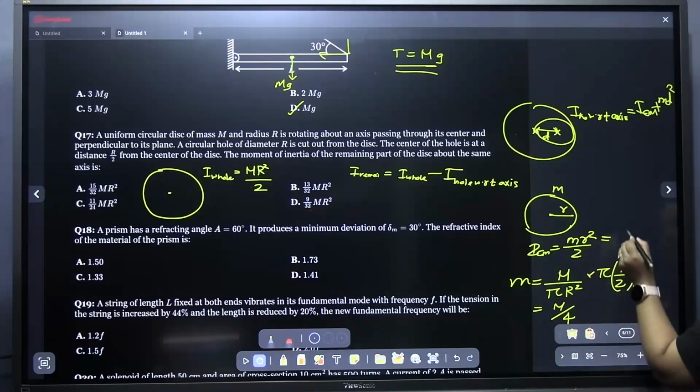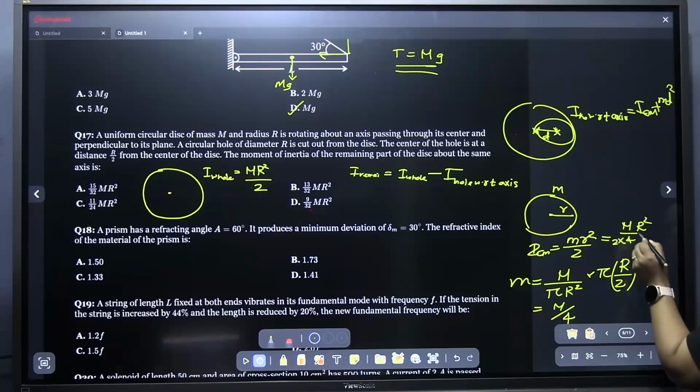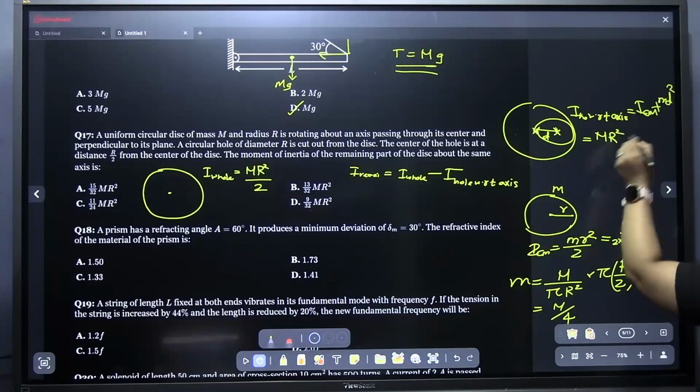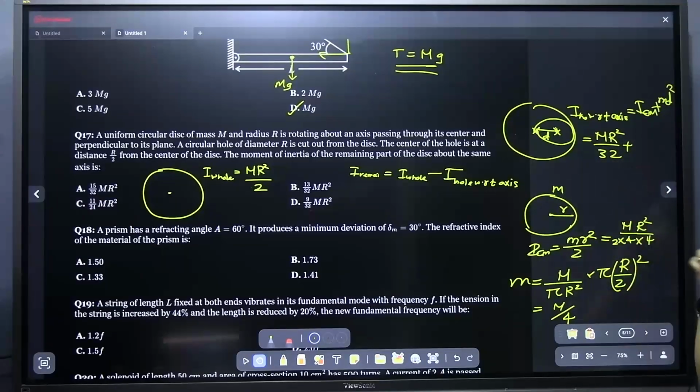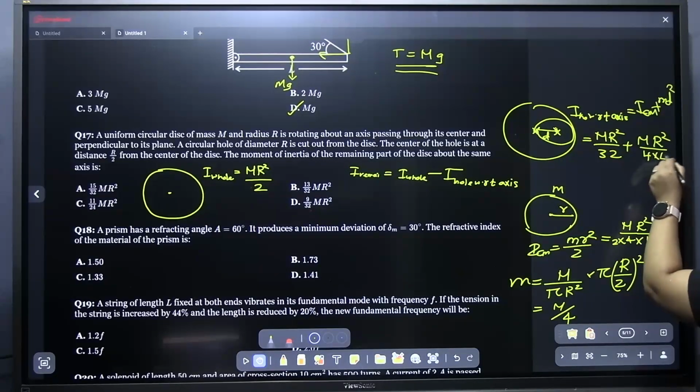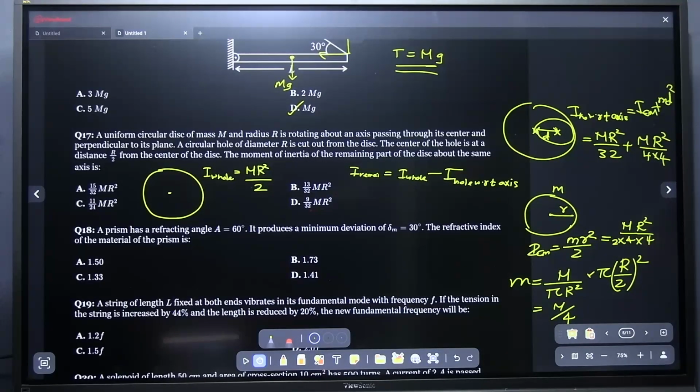Substitute it here: m by 4 into r square by 4 into 2 gives I CM equal to m r square by 32. Plus m d square, which is m by 4 into r square by 4, so m r square by 16.